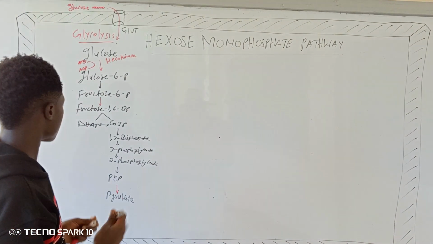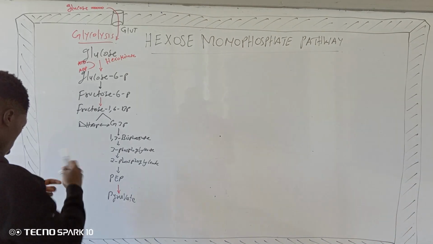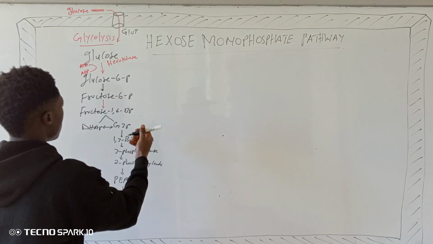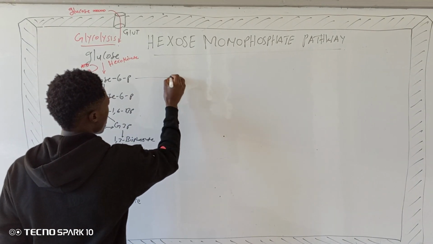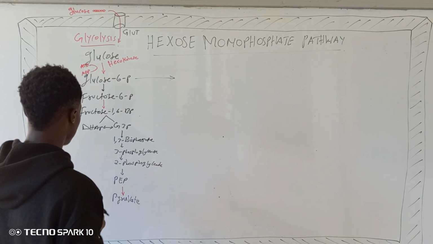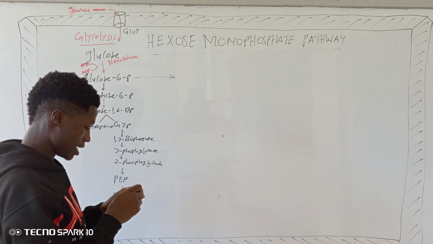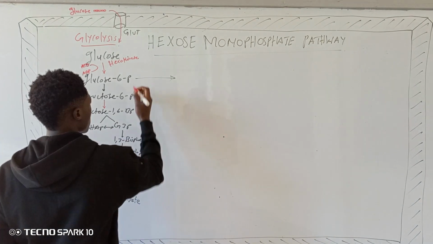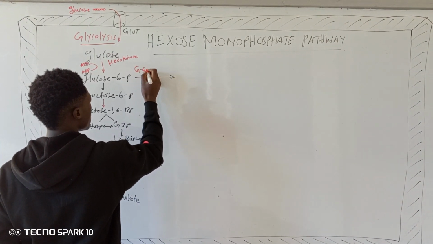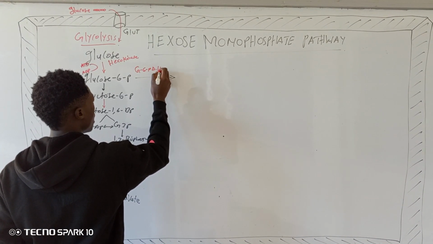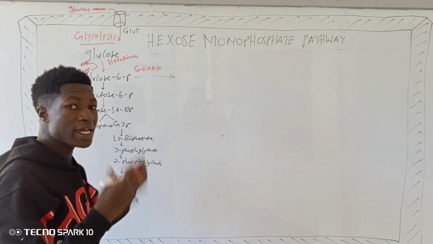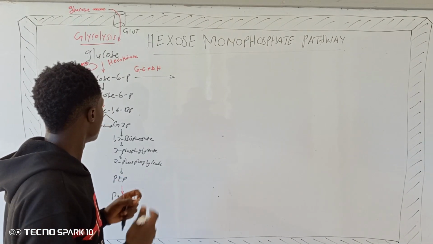Now let's say this. When glucose 6-phosphate is acted upon by an enzyme, and this enzyme is called glucose 6-phosphate dehydrogenase. I told you that when you hear the term dehydrogenase, it means something has happened now.